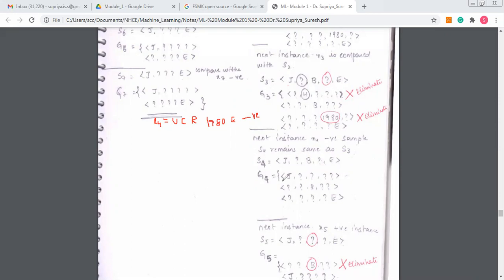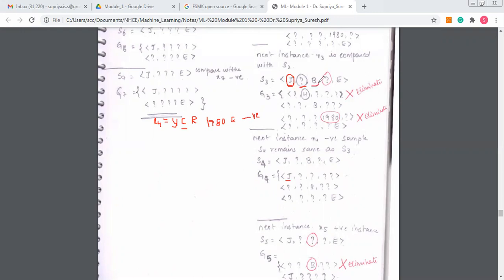Each and every term I'm going to check, and the specific value is being considered. When I take J and U, the first term is different, so I'm going to pull out the first J term over here and all the remaining are question marks. The second one is already a question mark over here, so I need not consider that.